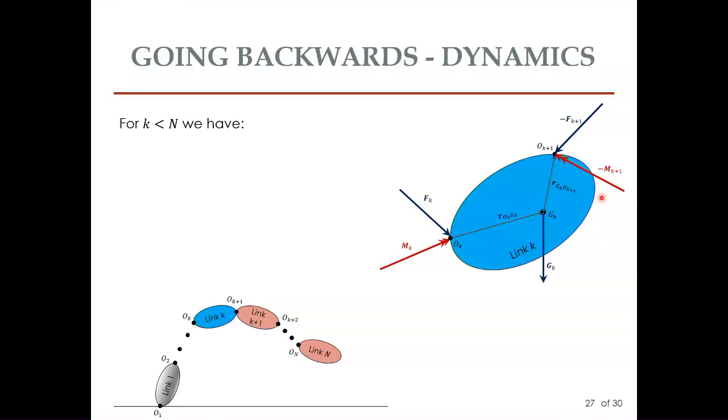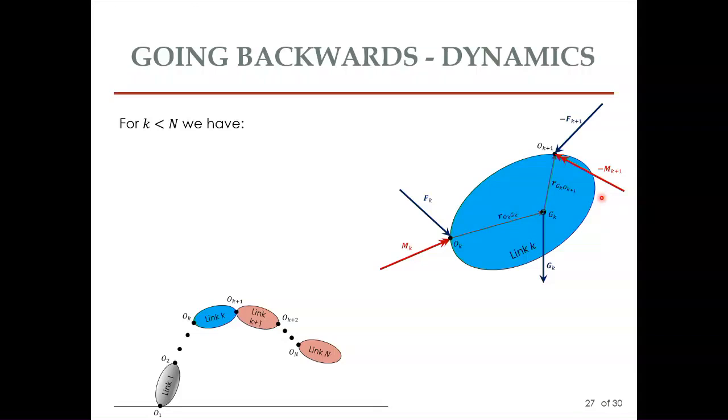I'll just clarify. After we know Fn and Mn, if this is link n-1, we know that, so minus Fn and minus Mn act on it here, at joint On, and at joint On-1, we have still unknown Fn-1 and Mn-1.